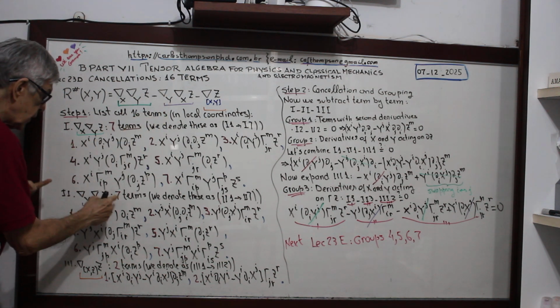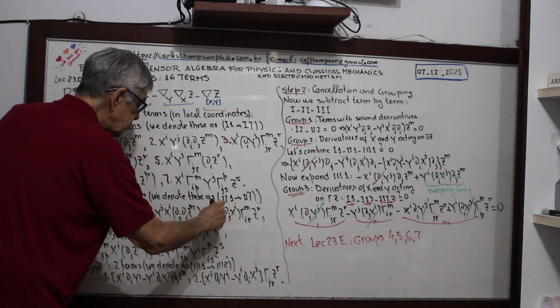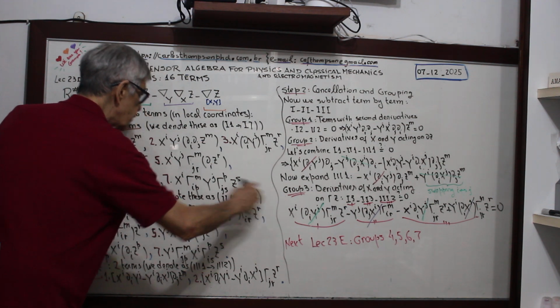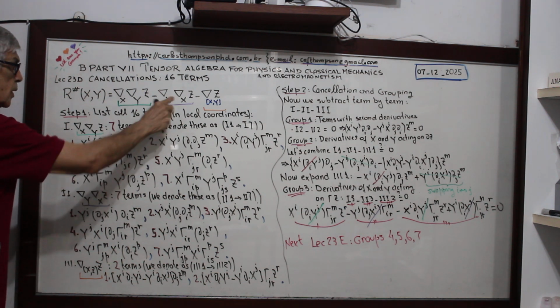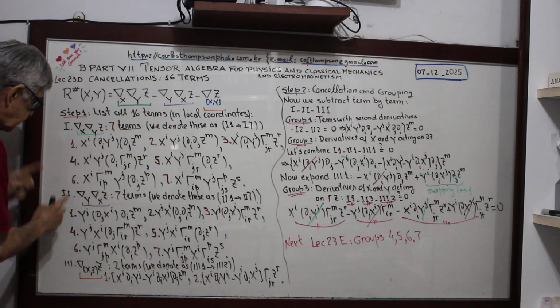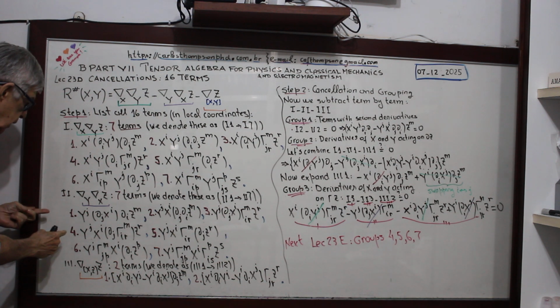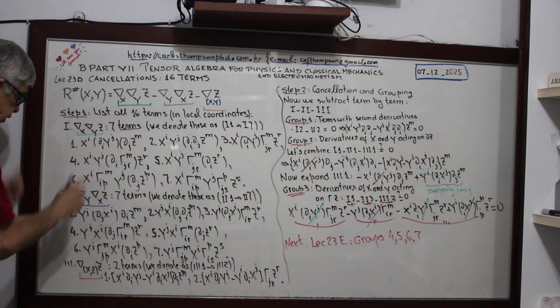Also, we have 7 terms that we denote as I2,1, I2,2, until I2,7. So 7 plus 7 is 14.